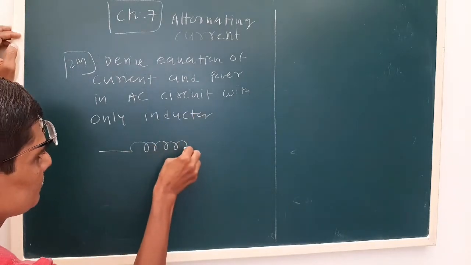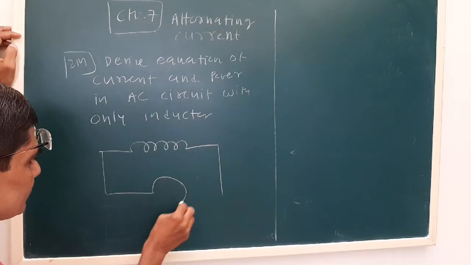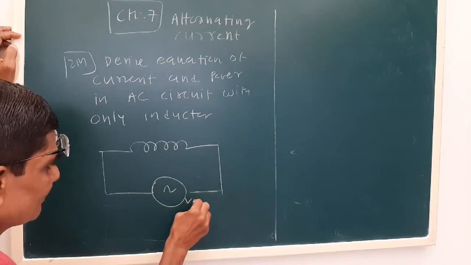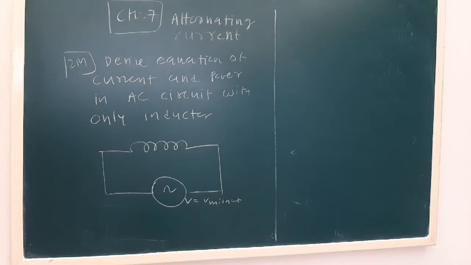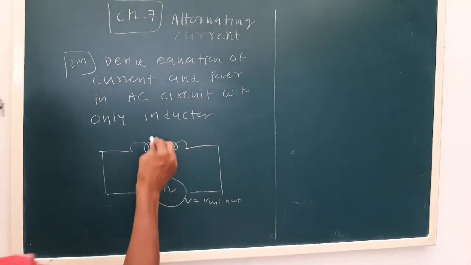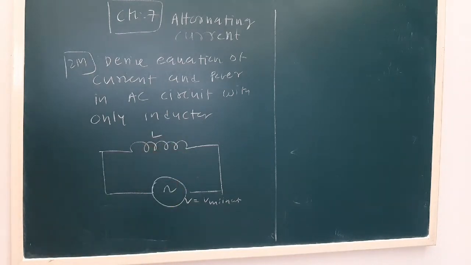Now we know this is the symbol for an inductor. Again V is equal to Vm sin omega t is the voltage supplied. Let us say L is the symbol of the inductor.